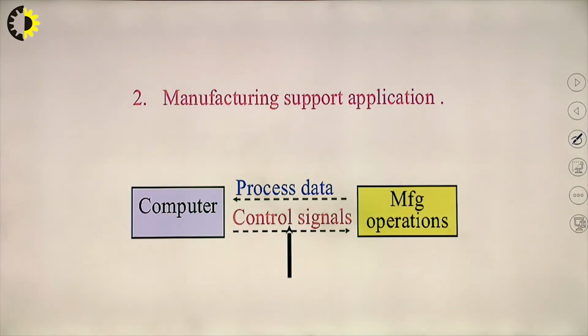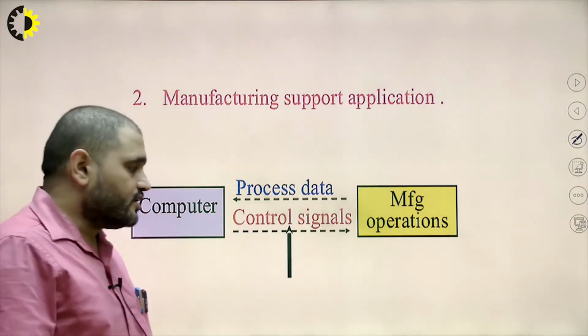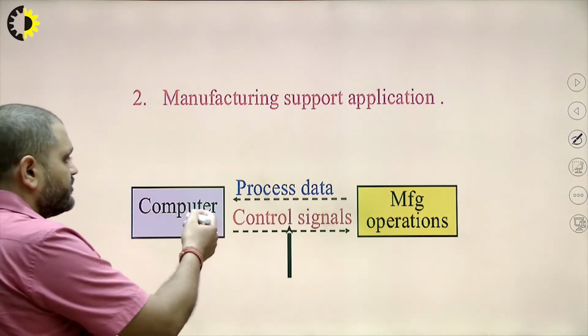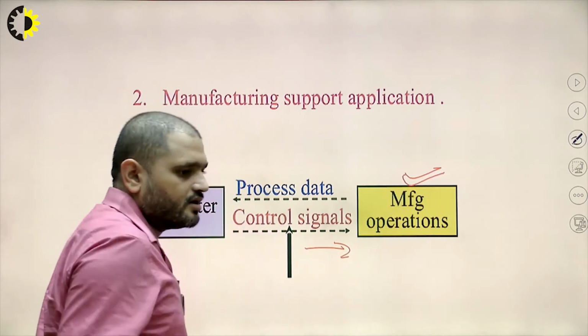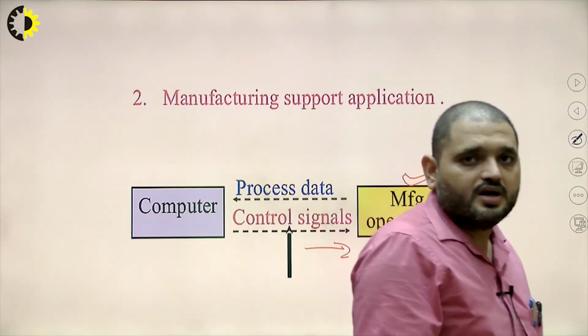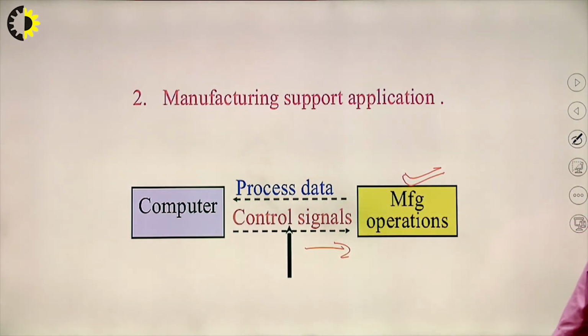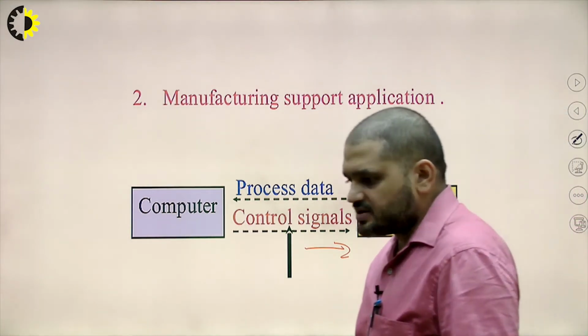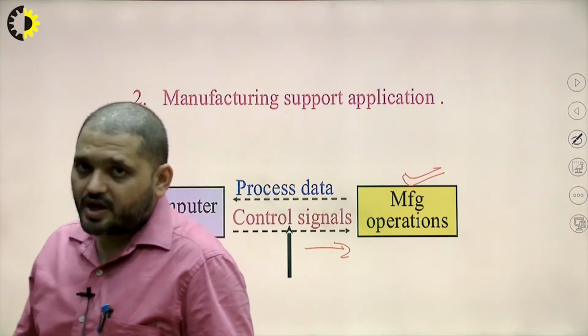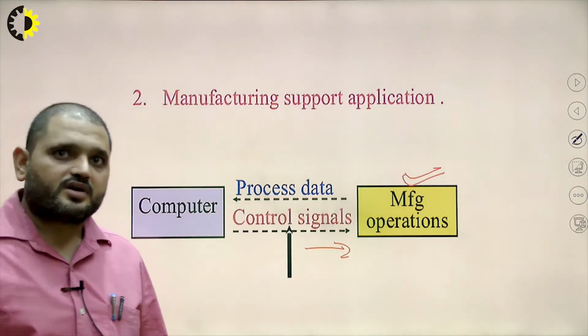In a manufacturing support application, when process data is sent to the computer, control signals are then sent to the manufacturing machines connected with this computer. When the machines get the control signals, they operate the drives and the actuating systems present in the machine accordingly to manufacture a product.